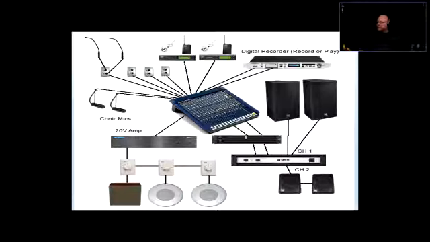And of course, there's a little bit of an EQ here, and the front of the house, which would be the main speakers, and maybe some so-called stage monitors as well. Right. So that's in a nutshell what I'm giving you when it comes to dealing with sound systems.